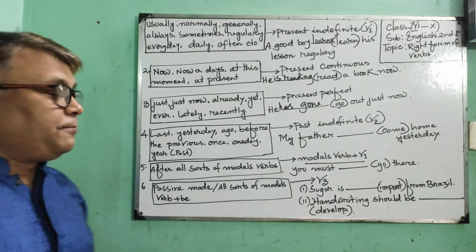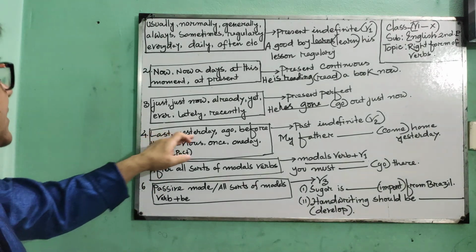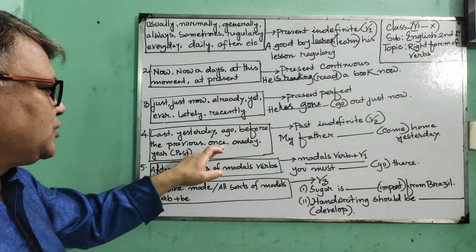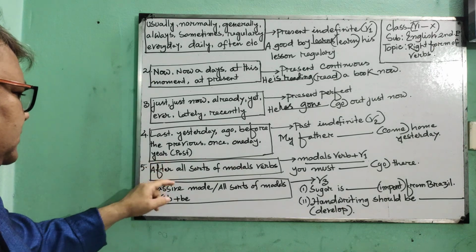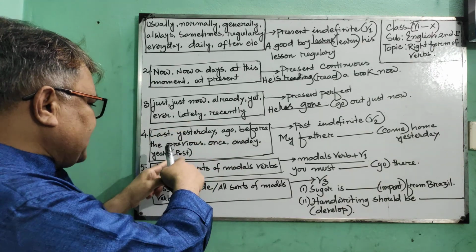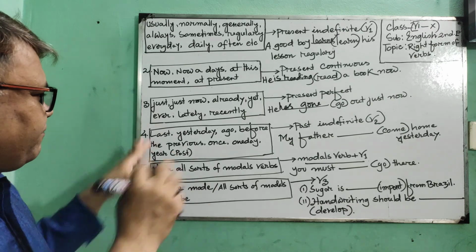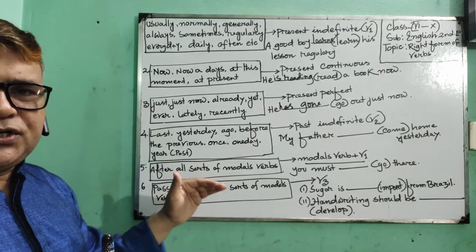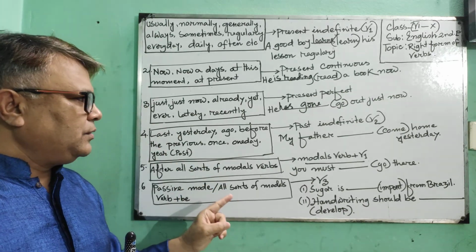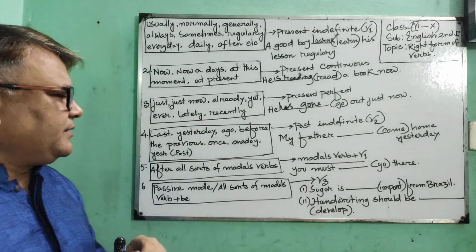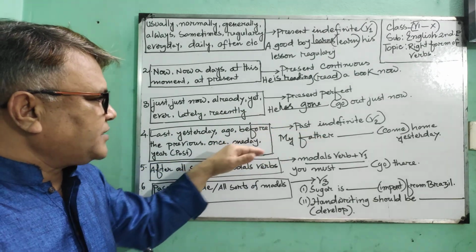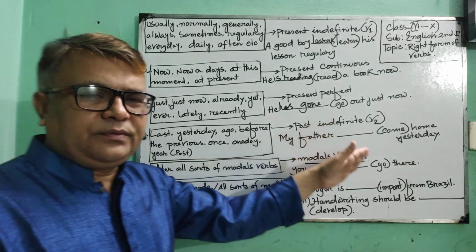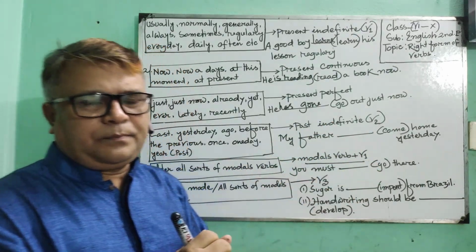Dear learners, if you find last, yesterday, ago, before, the previous, one day, year, within past, within bracket, if you find such kind of adverb in any sentence, you must recognize that it is past indefinite tense, and the verb should be V2, that means past form.